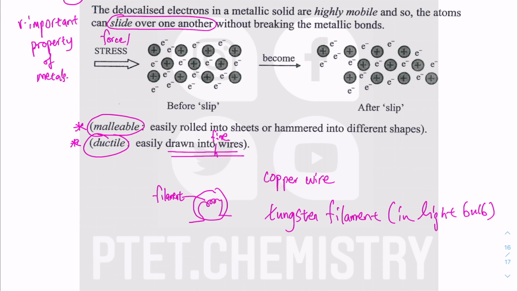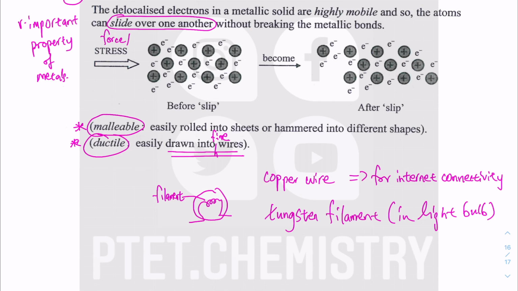The other concept is that this tungsten filament is a very fine wire, and of course we use copper wire. Copper wire was used for internet connectivity. Back before we had fiber optic, which gives us the high speed internet these days, we actually had to use copper wire for internet connectivity.